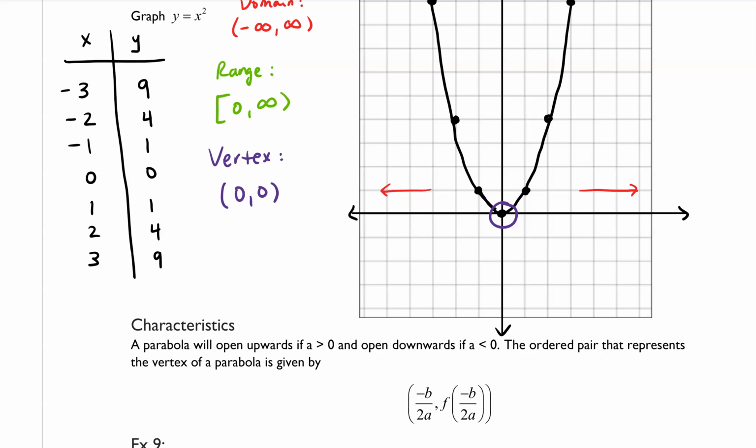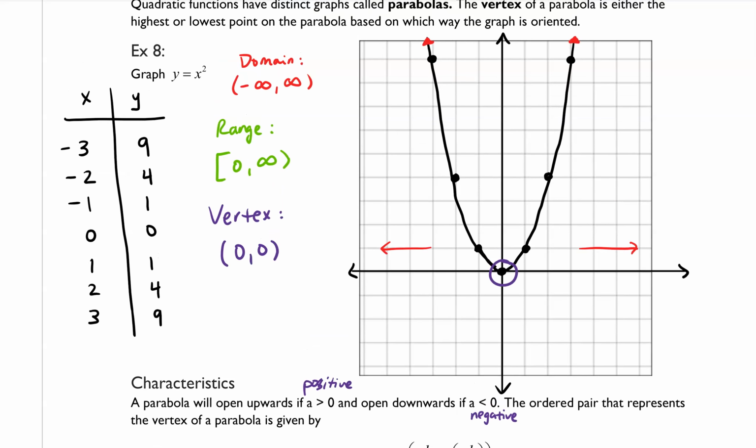So a parabola will open upwards if a is greater than 0, or that's another way of saying positive. And it will open downwards if our a value is negative or a is less than 0. So notice I'm going to rewrite this down here. So we have y equals x squared.